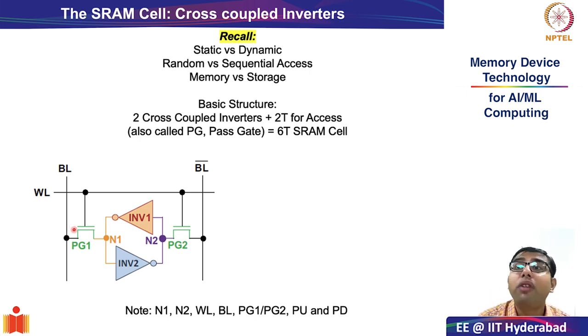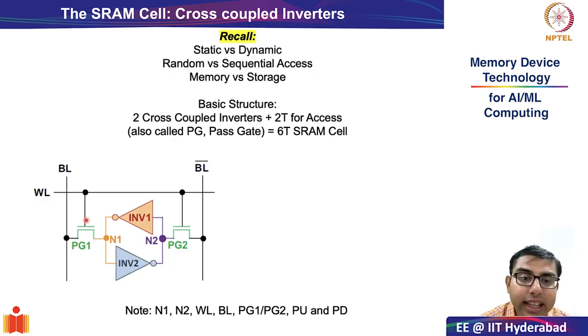What is the job of these transistors? The job of these transistors is to give you access to the internal storage nodes N1 and N2. And because they give you access, they are sometimes called access transistors or even pass gate transistors.